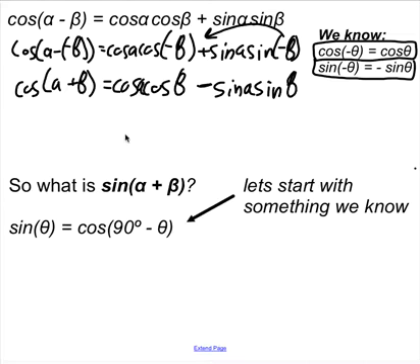And so there's our angle addition of alpha plus beta, and this is our other identity.